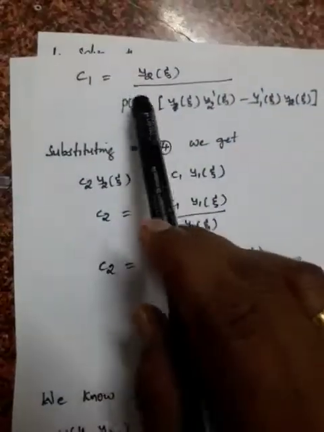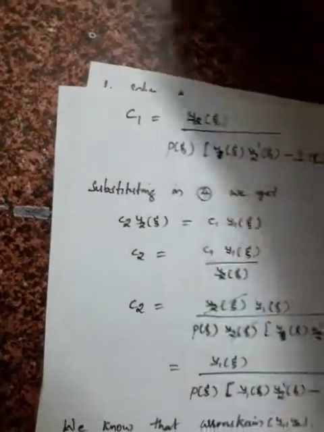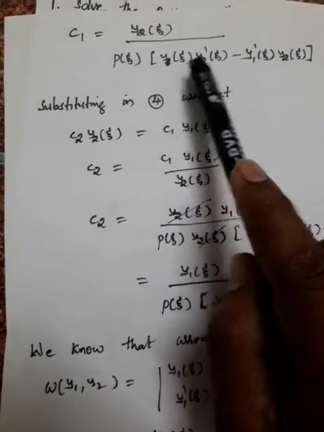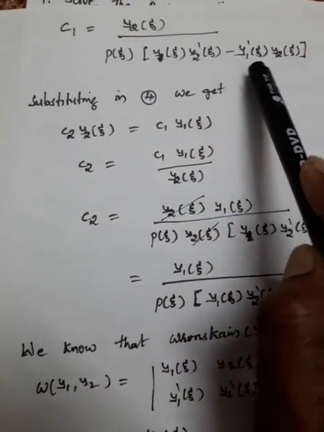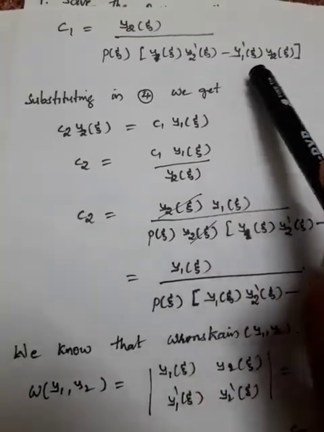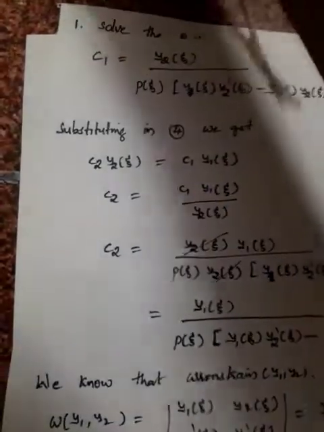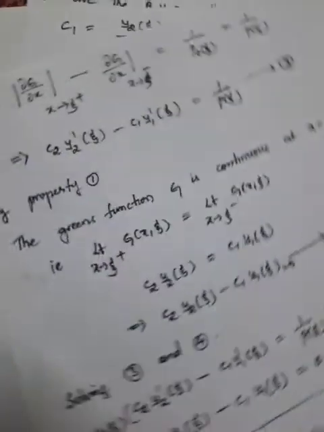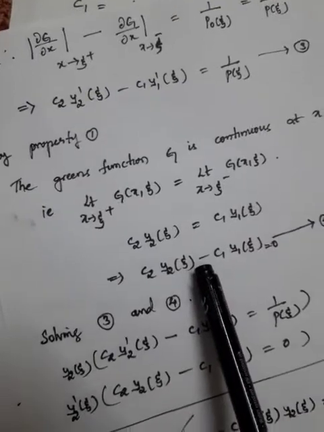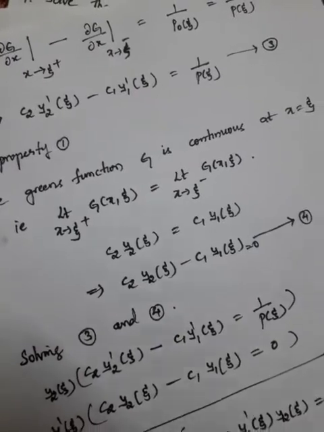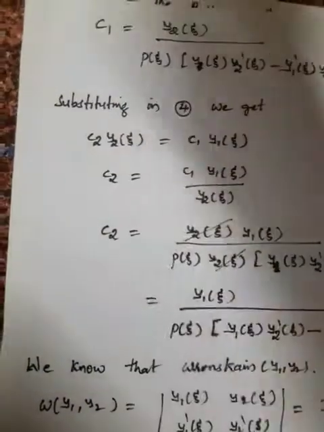So what we got is the value of c1 like this: c1 is equal to y2 of ξ divided by p of ξ times the quantity y1 dash of ξ y2 of ξ minus y1 of ξ y2 dash of ξ. Substituting this in the fourth equation which we have already considered, where we have c1, we will get another equation after simplifying.